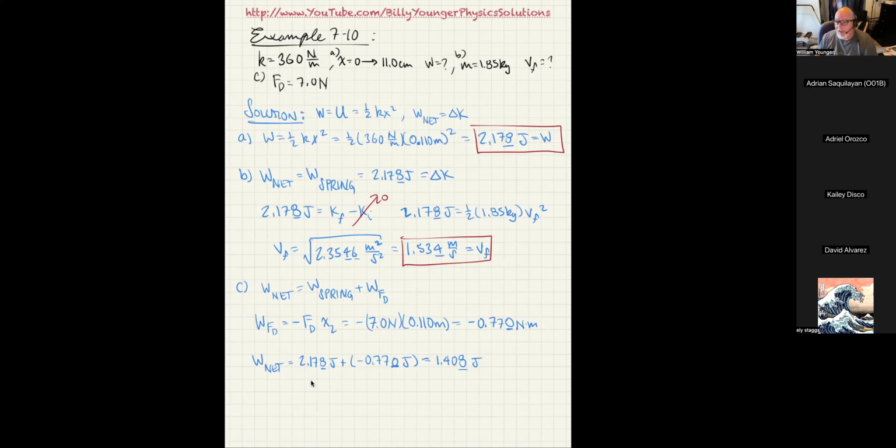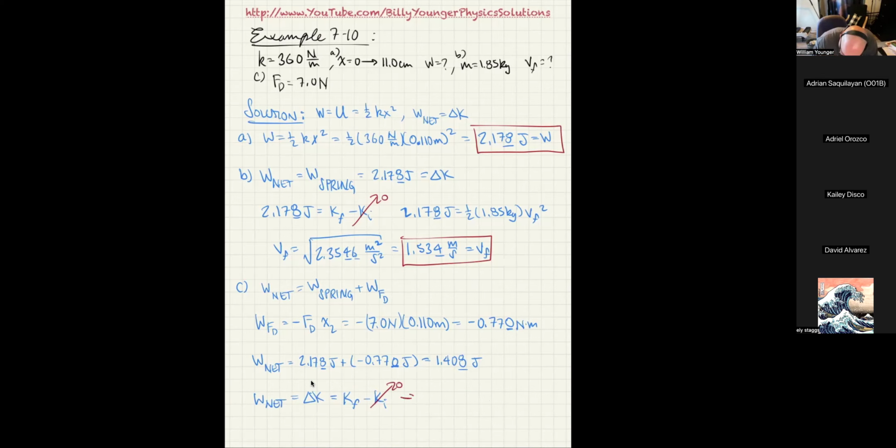Now, again, the net work is equal to the change in kinetic energy. So W net equals delta K. And delta K, of course, is K final minus K initial. But again, K initial was 0 because we started it from rest, sitting right up against the spring that's already been compressed.